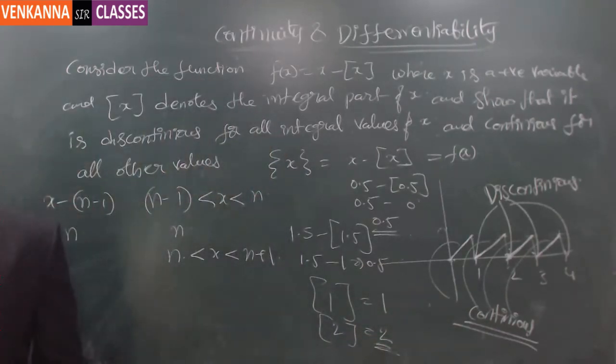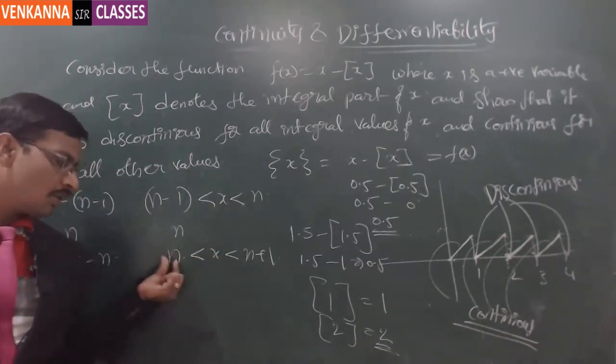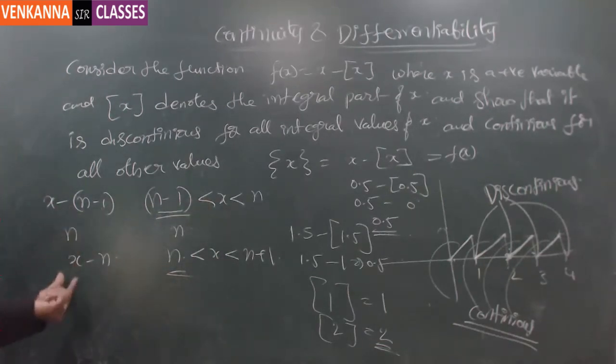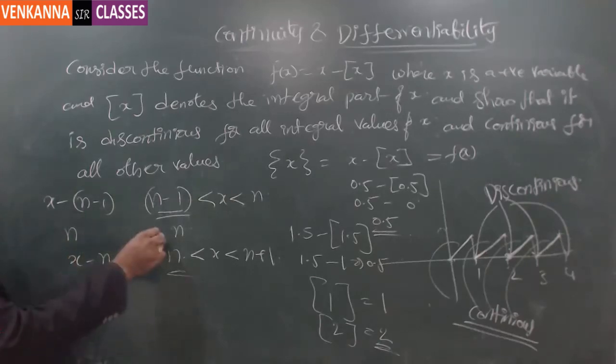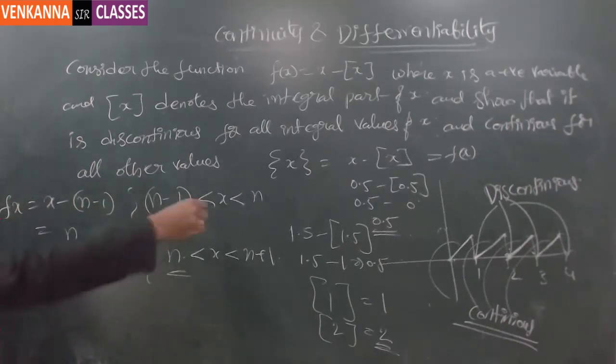Now from n to n plus 1, this will be x minus n, definitely, right? Whichever is the lower part, it is going to take that. So x minus n minus 1, x minus n, but exactly at the integer this is the same value. This is the original function that was defined for the ranges specified here.